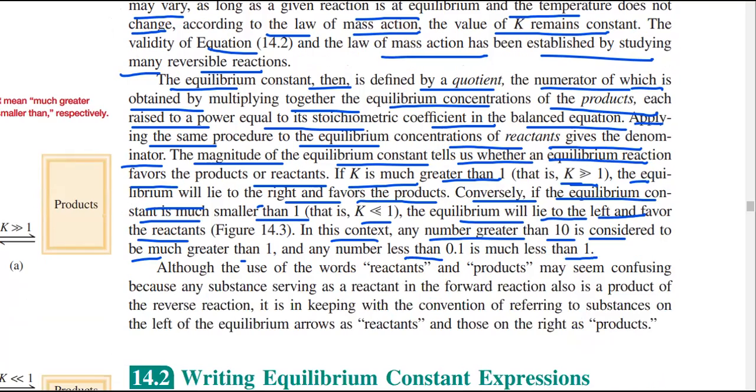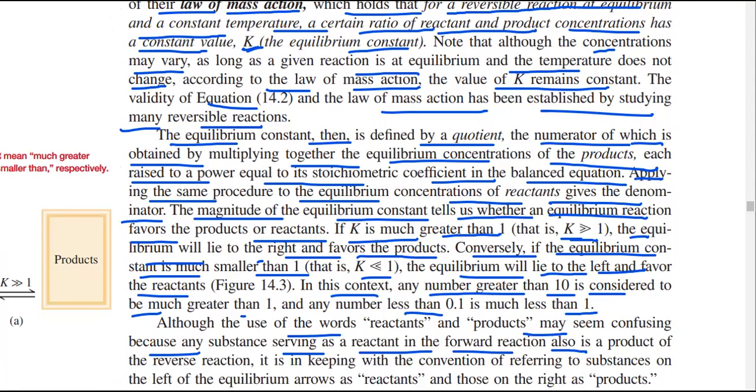Although the use of the words reactants and products may seem confusing, because the substances serving as reactants in the forward reaction are also products of the reverse reaction, it is in keeping with the convention of referring to substances on the left of the equilibrium arrows as reactants and those on the right as products.